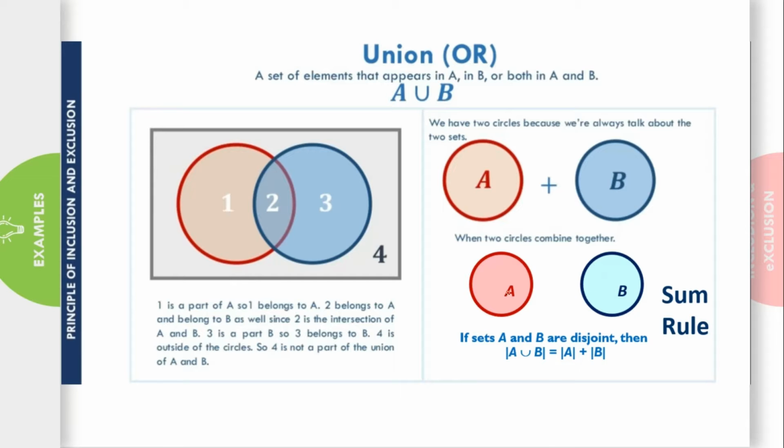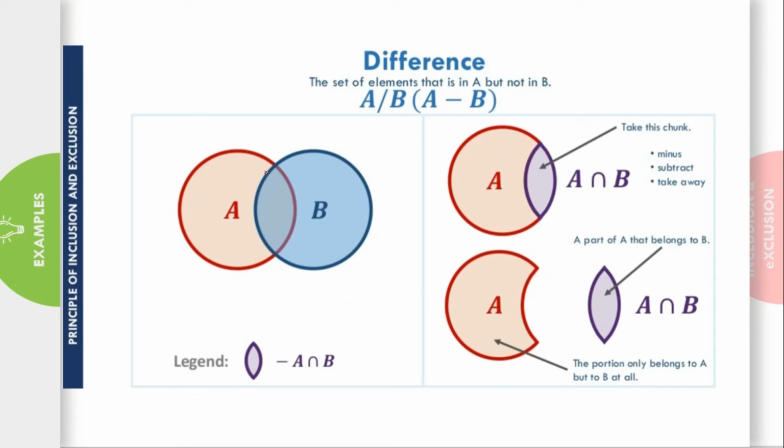Based on this, we can further add that difference is also a set operation. Suppose we want to perform A minus the common portion which is lying inside A and B. That becomes this portion.